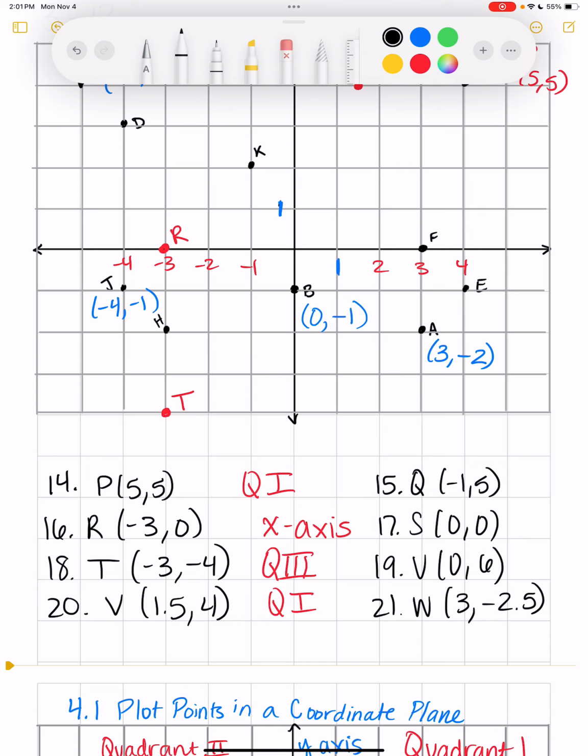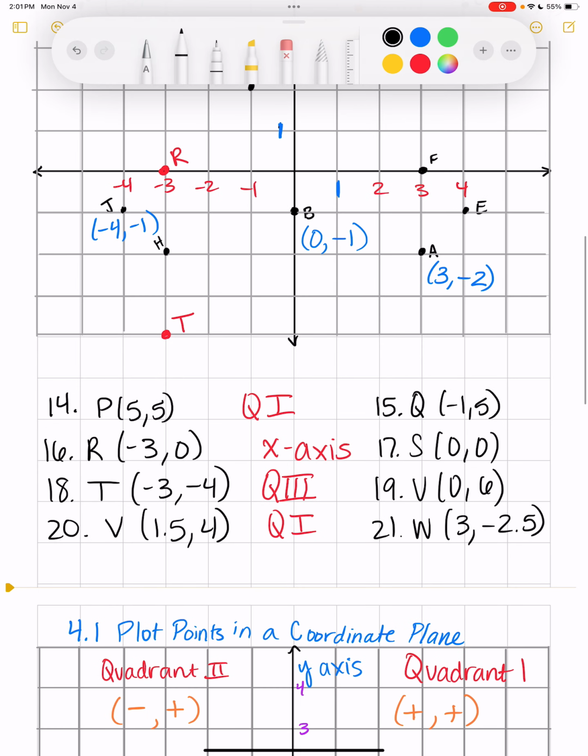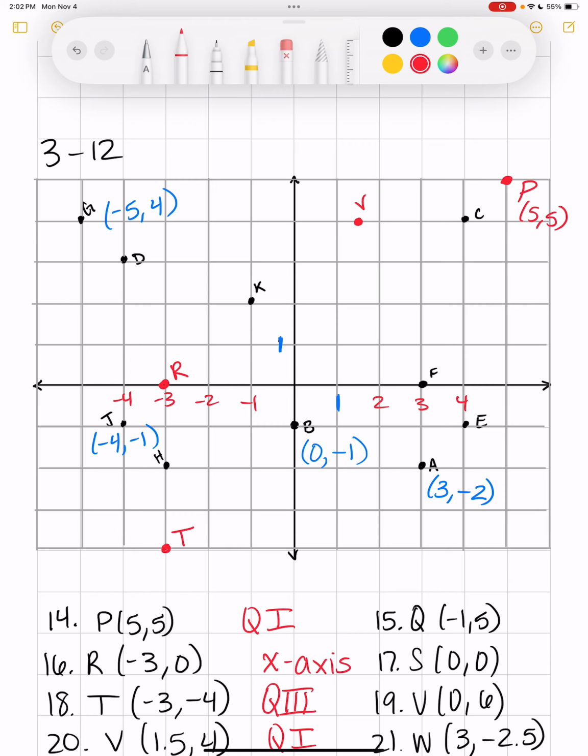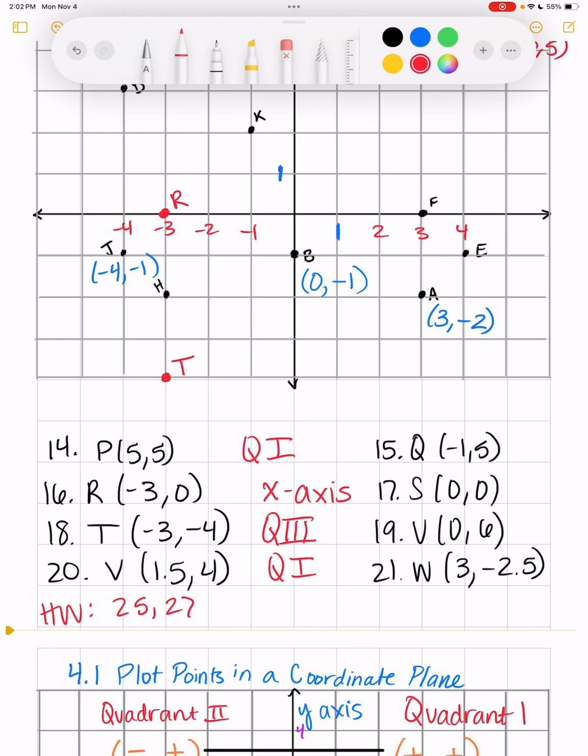And then in addition to those problems, the only other thing that you need to do for homework that's not on the sheet already is a problem like the one we just did, 25 and 27, okay? So the points on here, you need to finish labeling them. 15 through 21, you need to plot the point on that graph, and then you should be able to do 25 and 27 on the back of the paper that I gave you, and then you can just turn that in.